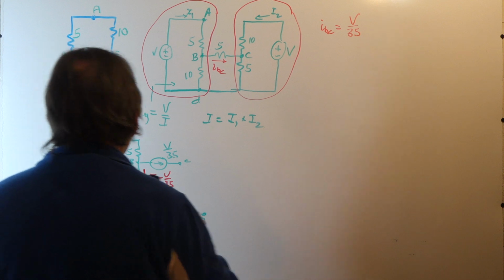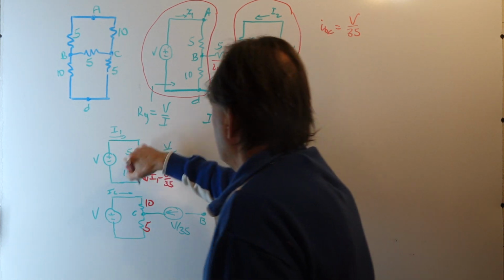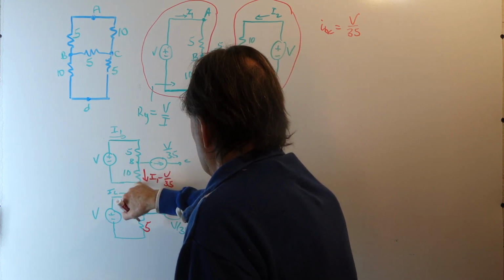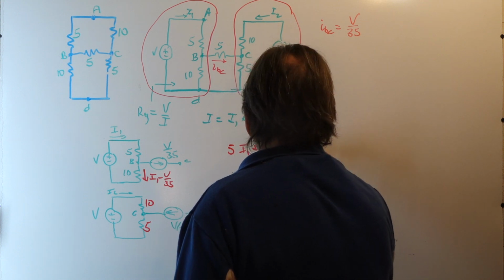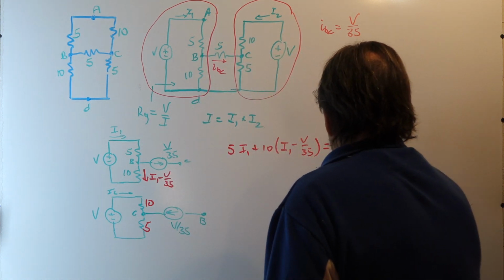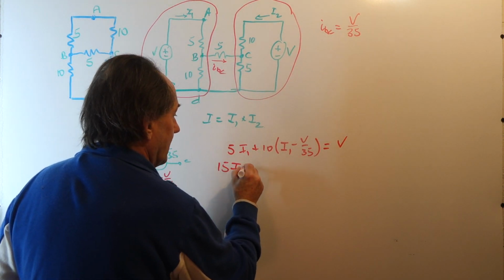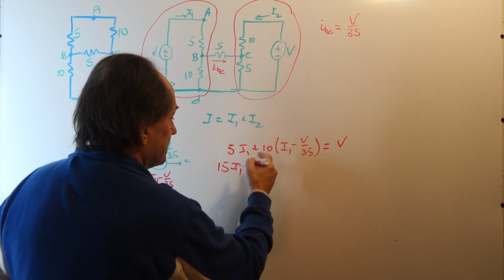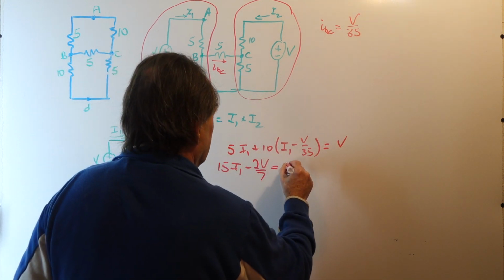So writing Kirchhoff's voltage law around the loop, I have 5 times I1 plus, that's the voltage across the 5 ohm resistor, plus the voltage across this resistor, which is 10 times I1 minus V over 35. And then we have a minus V, but I'll put it off on the right hand side as V. Okay, combining like terms, we have 15 I1 minus, 5 is common to 10 and 35, so we have 2V over 7 is equal to V.